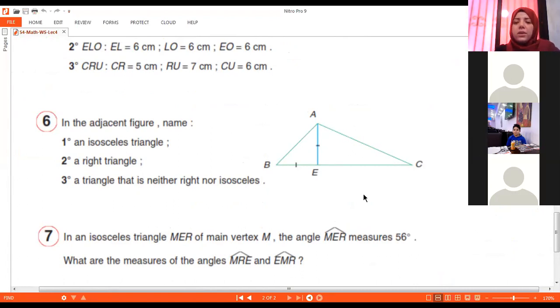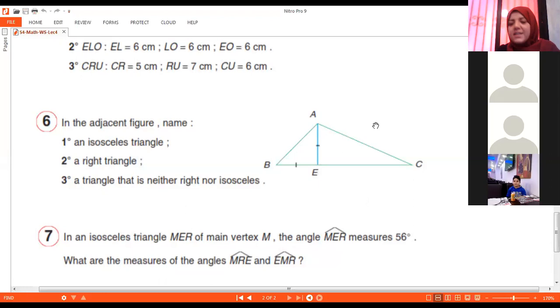I want to ask you a question. What's the main vertex of this triangle? Of course it's E. Very good.